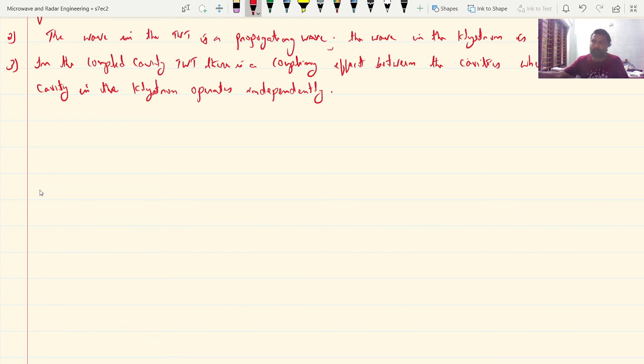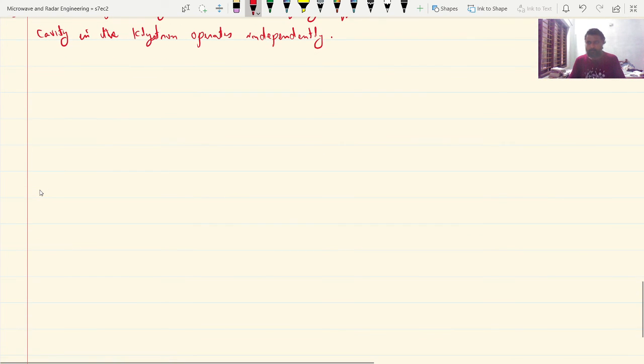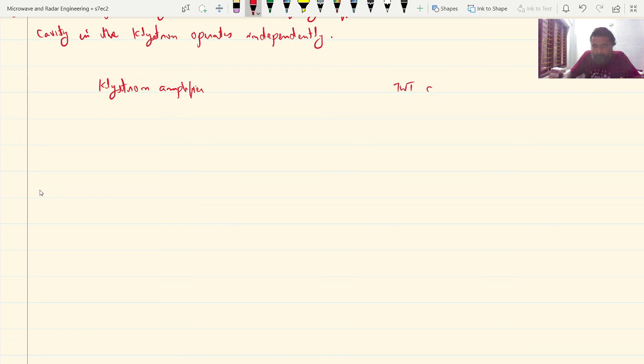Okay, these are some of the major important differences between the two cavity klystron amplifier as well as the traveling wave tube amplifier. So for your better understanding, I will make two columns and write it in a different manner: klystron amplifier and TWT amplifier, the difference in general.